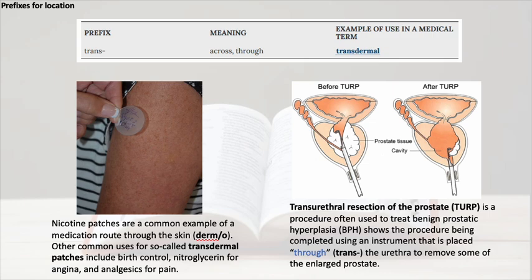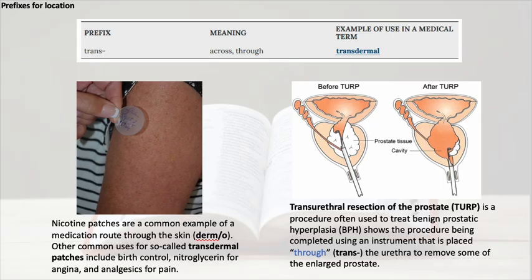And the meaning of this term or this procedure is a surgical procedure where the prostate tissue is actually removed through the urethra. So in this instance here, this is often used to treat urinary obstruction caused by an enlarged prostate. This can be associated with benign prostatic hyperplasia.